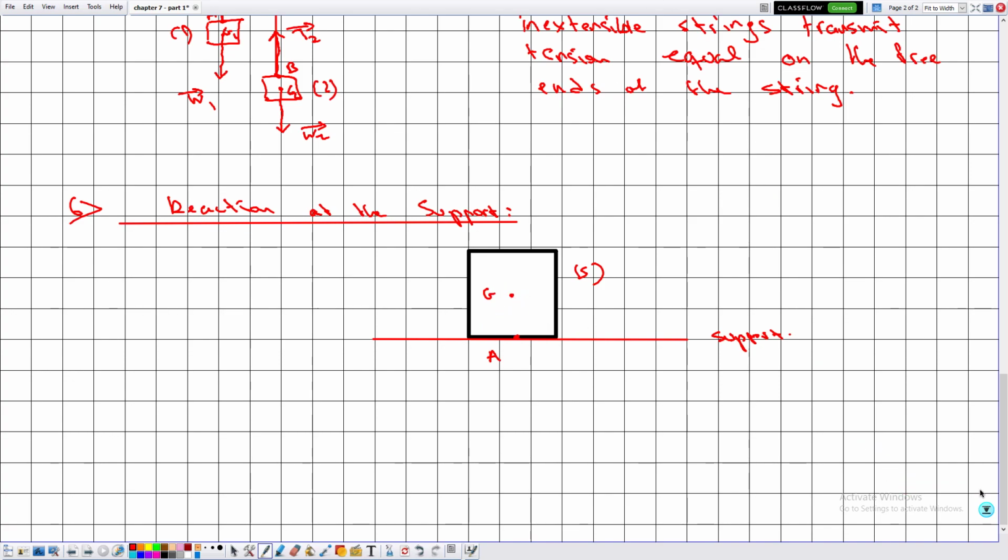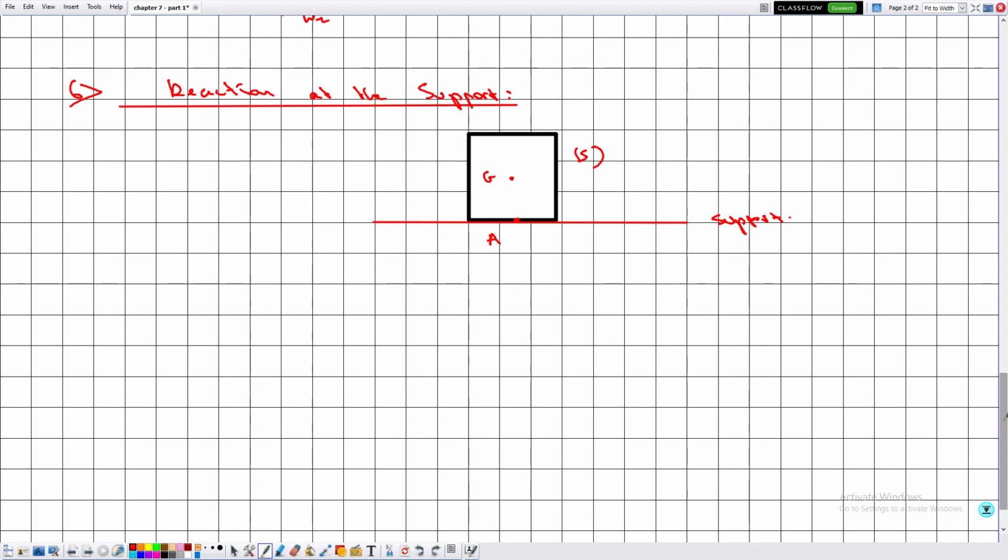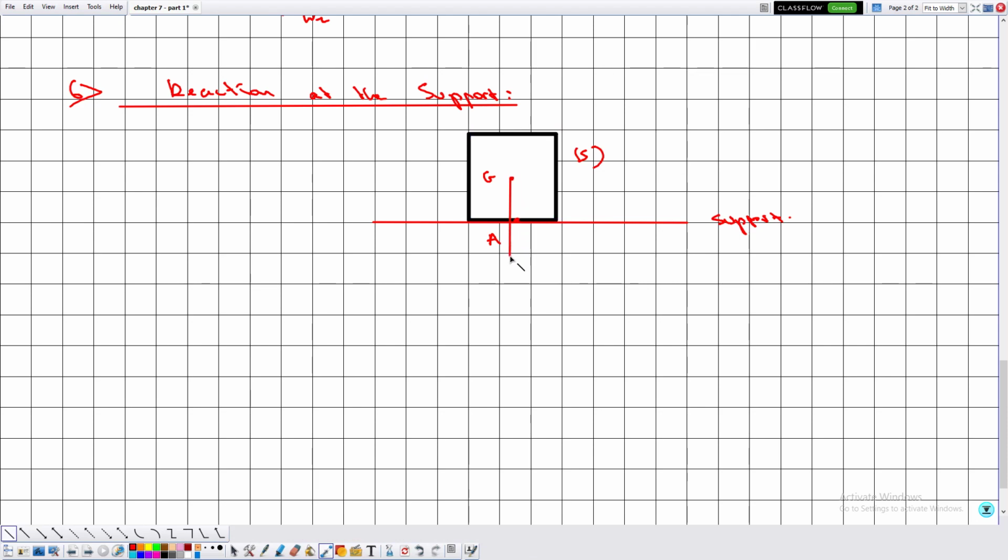So we know that because the solid has a mass, then it will be directly subjected to the weight, which is vertically downward like this.